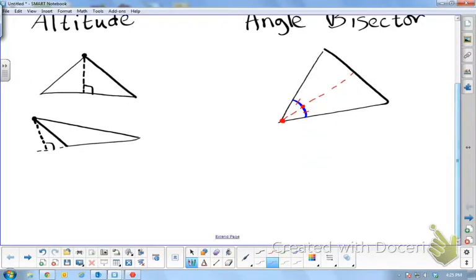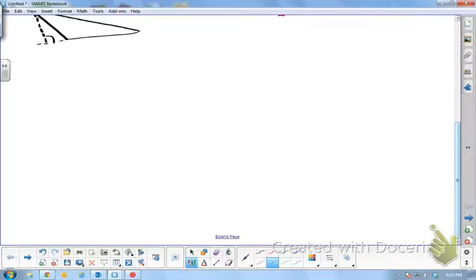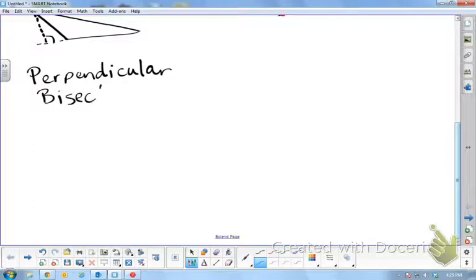We learned how to draw the perpendicular bisector. The perpendicular bisector goes through a side halfway along the side.